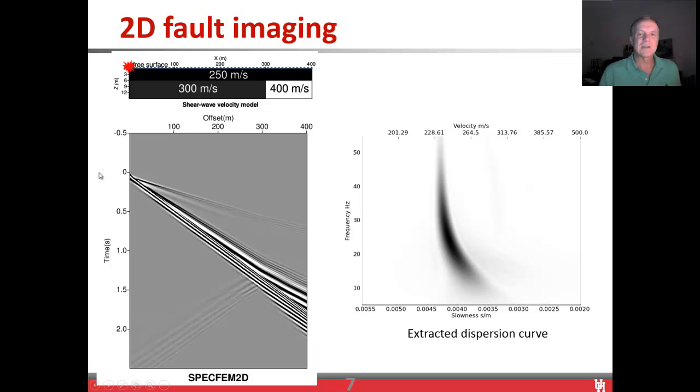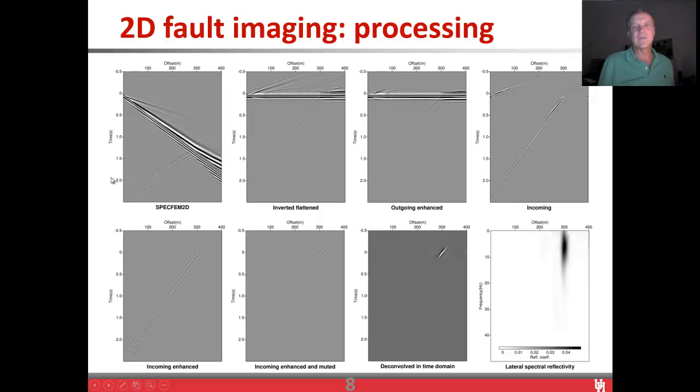Now, if we first of all extract just the first mode dispersion curve, then we can find the ground roll velocity as well as extract a shear wave velocity from that. That shear wave velocity extracted from the direct arrival, or the outgoing wave, will provide us a basic first cut, or first approximation at the velocity.